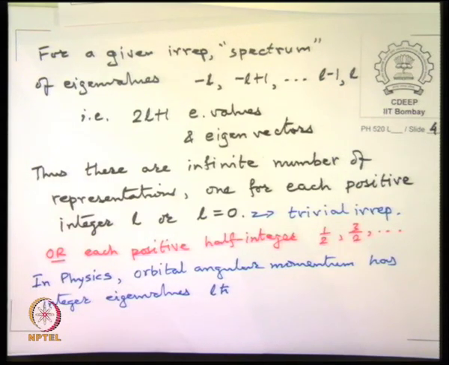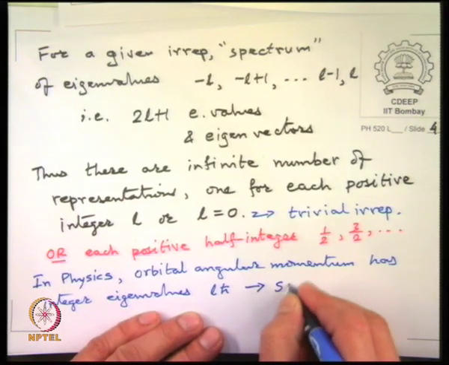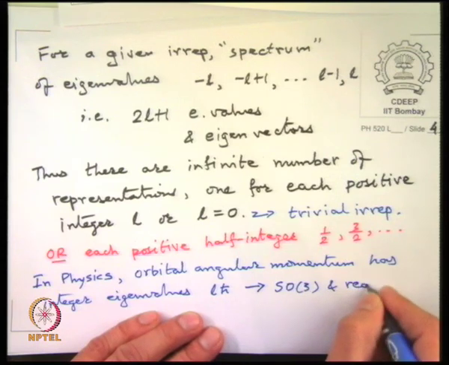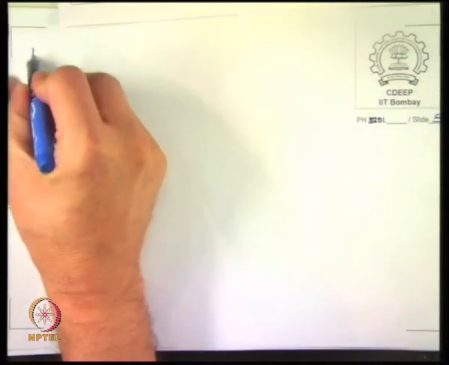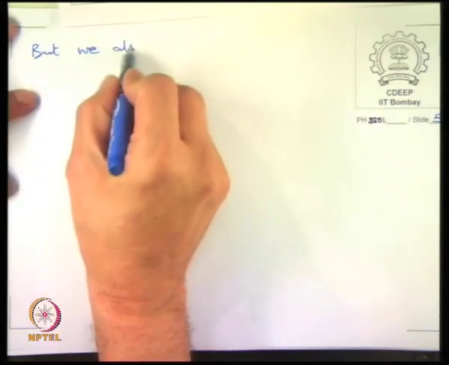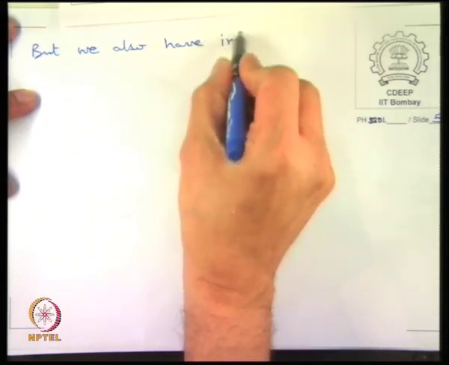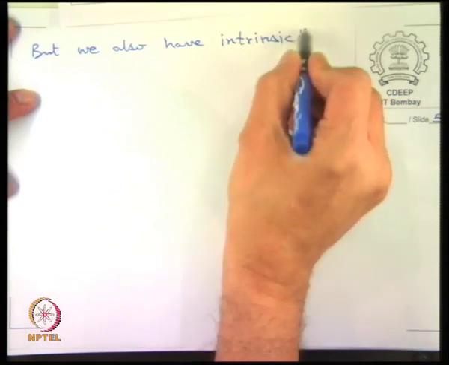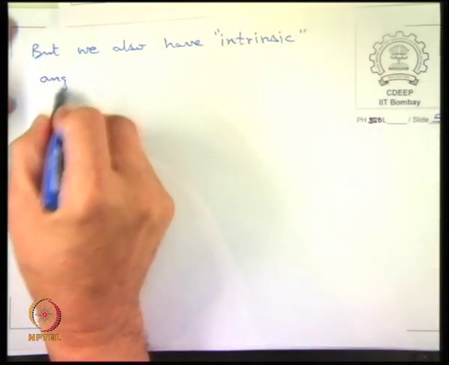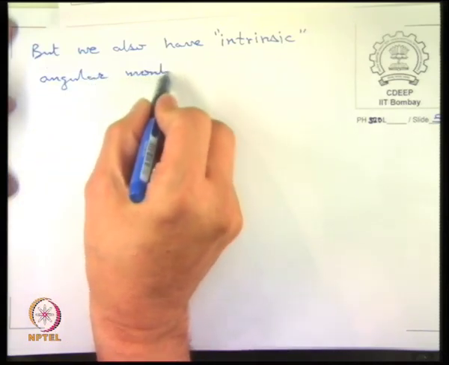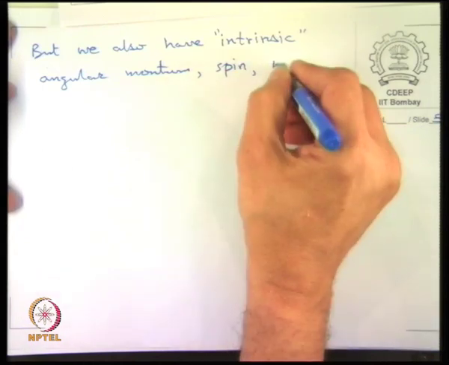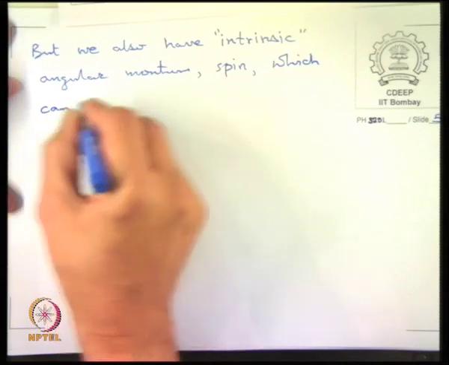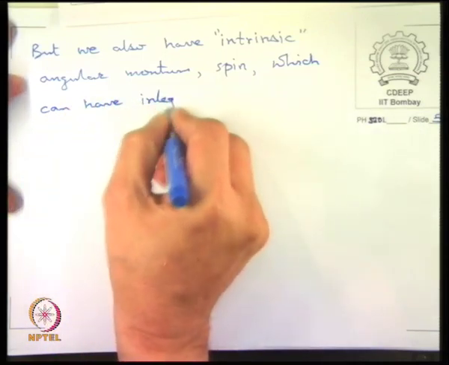And so, because this is related to SO3, whereas we also discover spin intrinsic instead of orbital, integer or half integer eigenvalues.